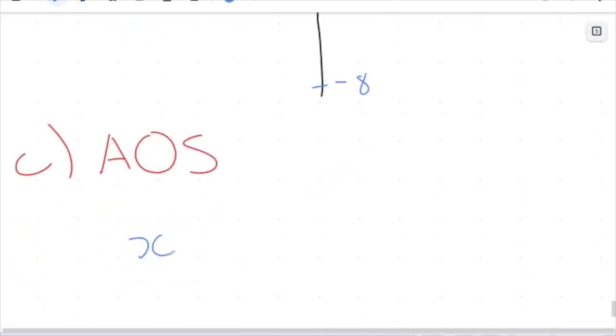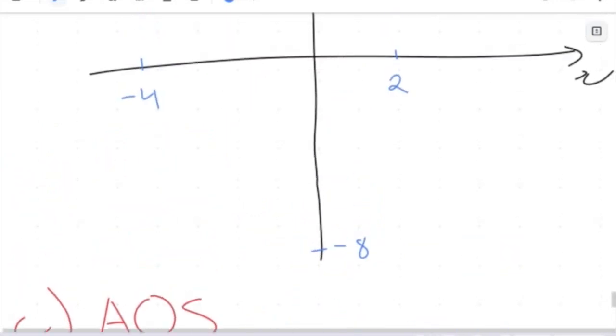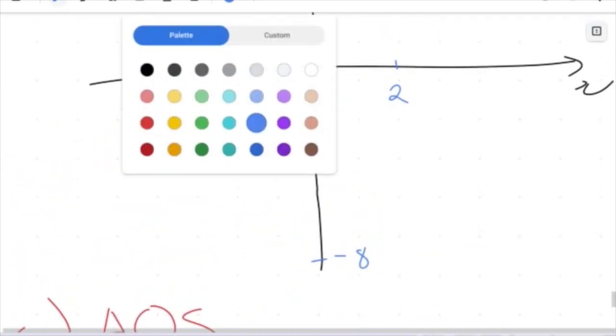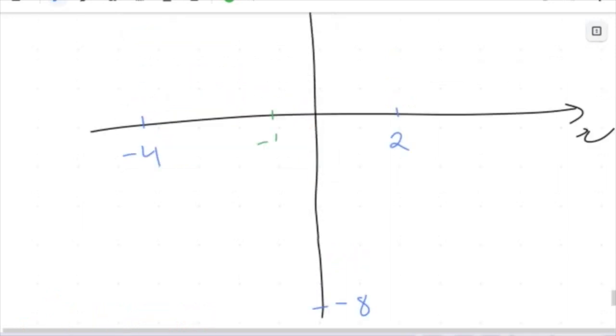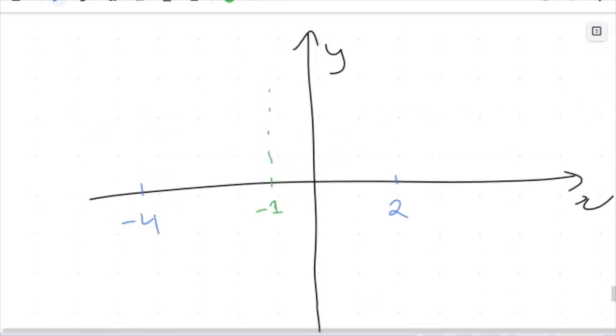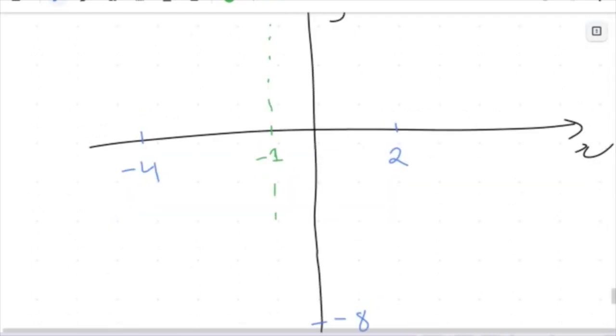So I'm going to get that x equals the average of -4 and +2. So I do -4 plus 2 divided by 2, the number of numbers I'm adding. And that's going to give me -1. So -1 is smack bang in the middle of these two. So I'm going to draw up my axis of symmetry at x equals -1.